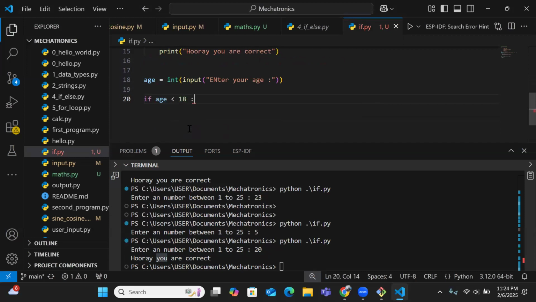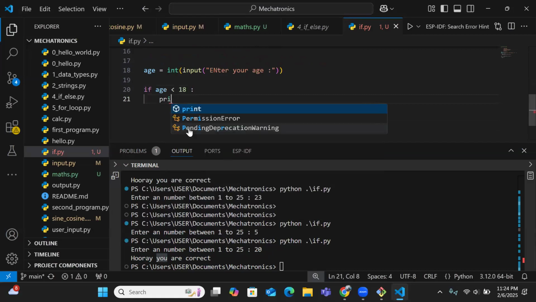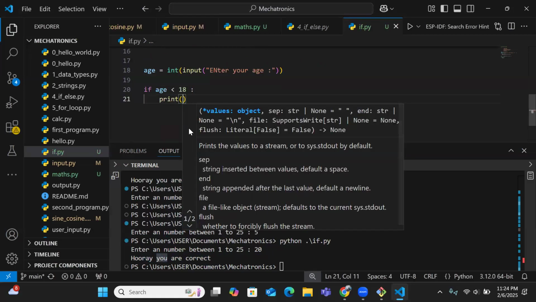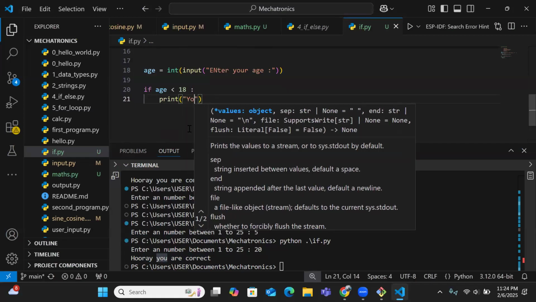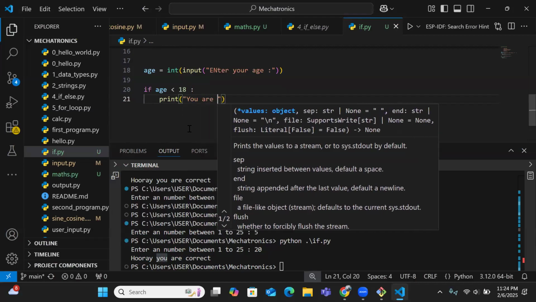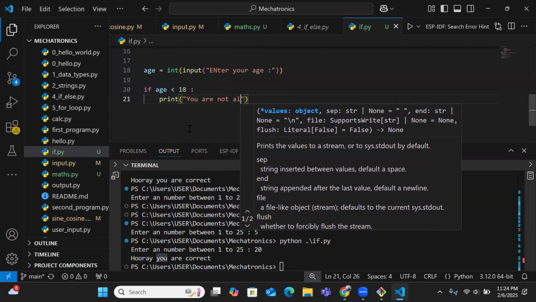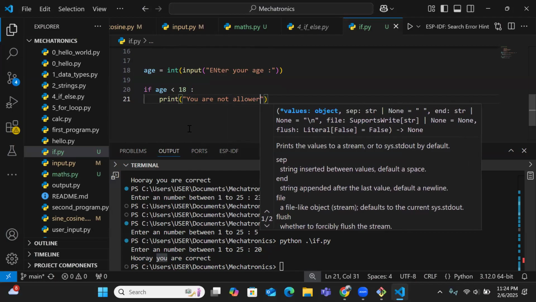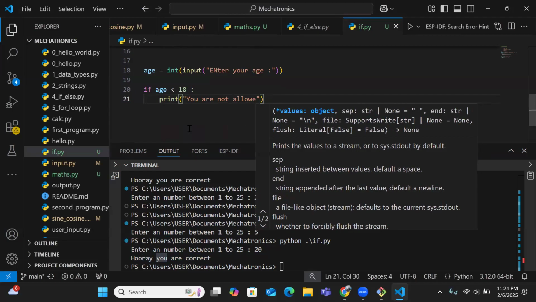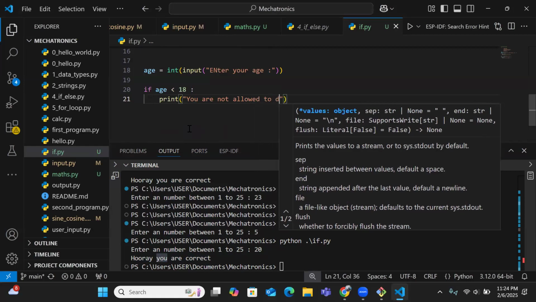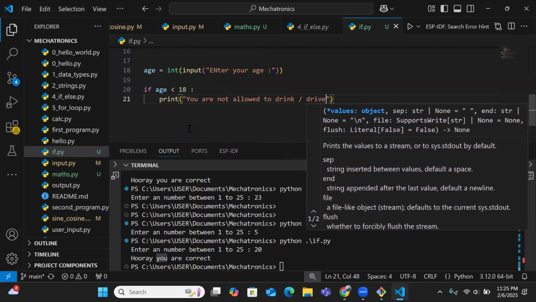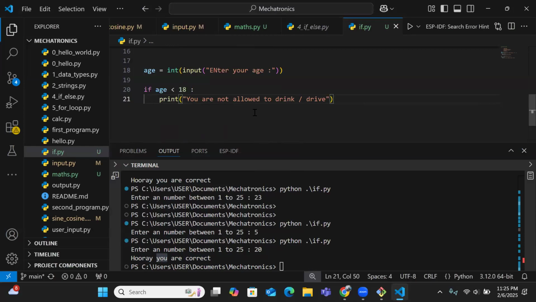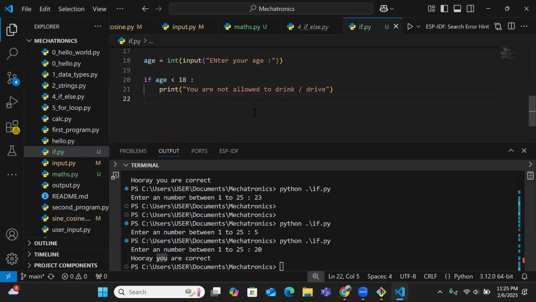If your age is less than 18, then in most countries, you are not allowed to drink or drive. If you are below 18, you are not allowed to drink or drive.